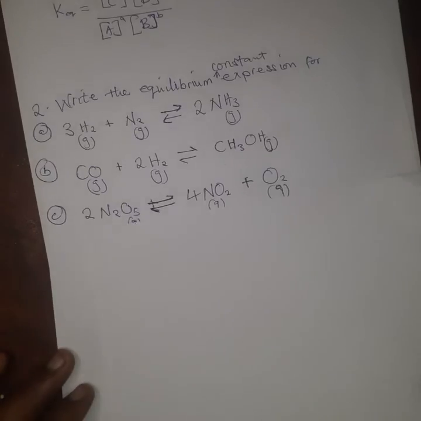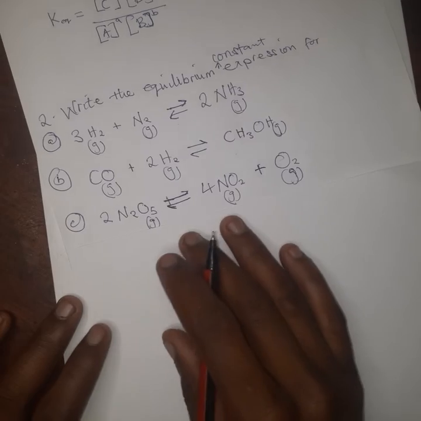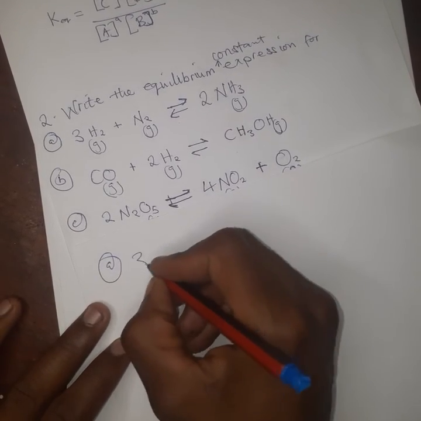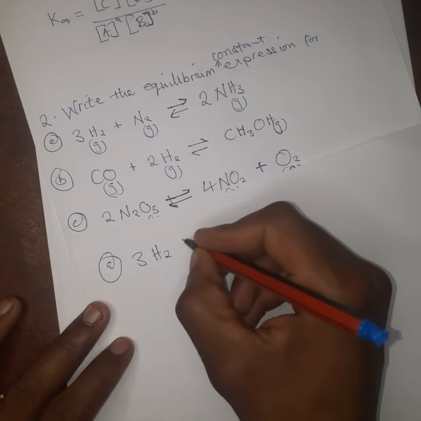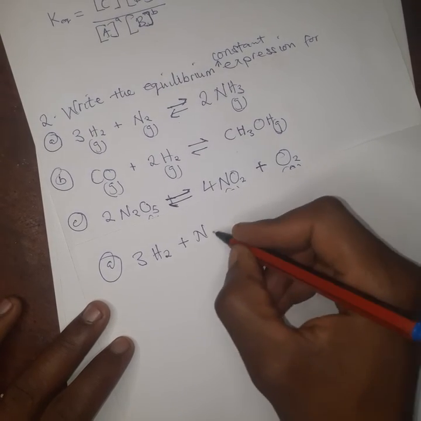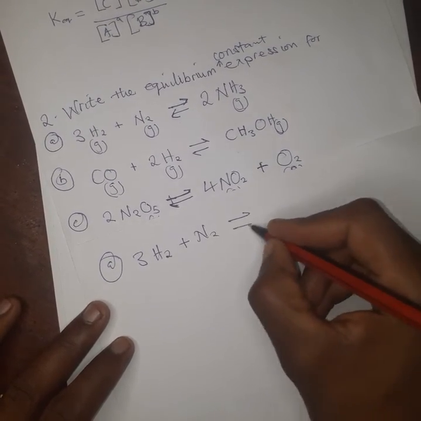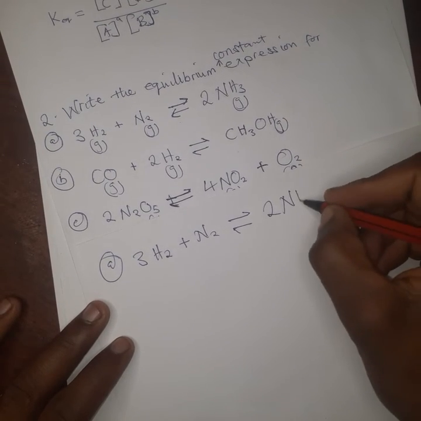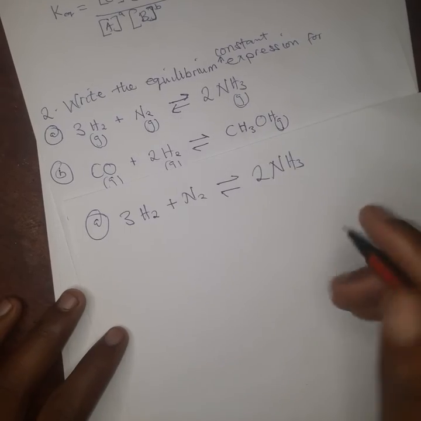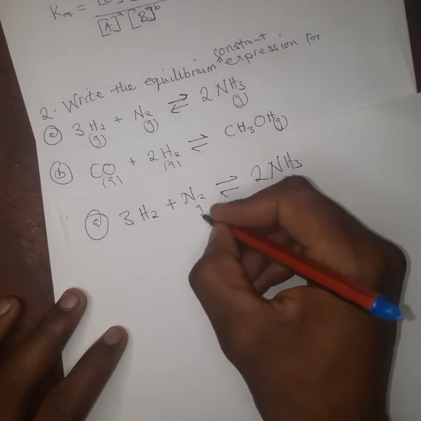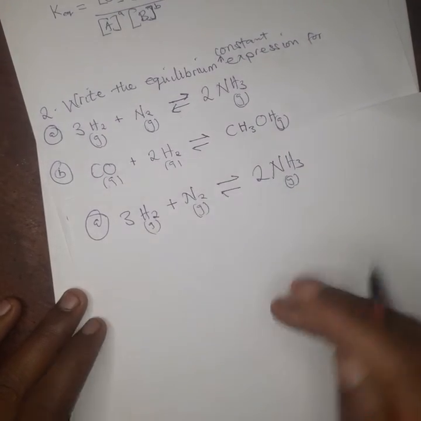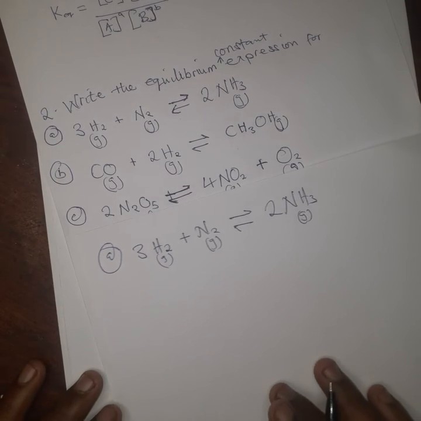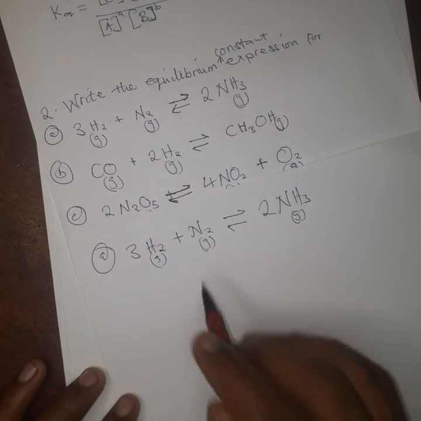For equation 1, where we have 3 hydrogen plus nitrogen, then a forward reaction to produce 2 molecules of ammonia. Okay, these are gases. They want us to write the equilibrium constant expression for this reaction.